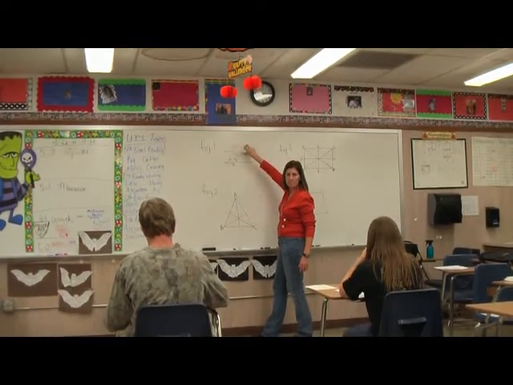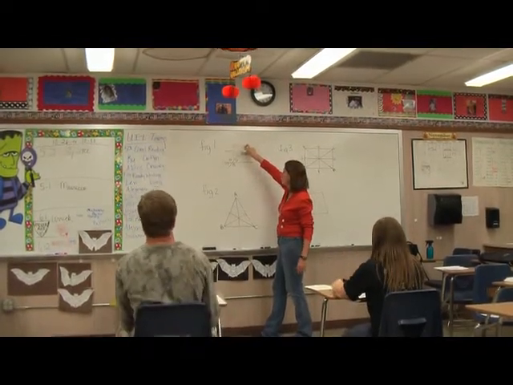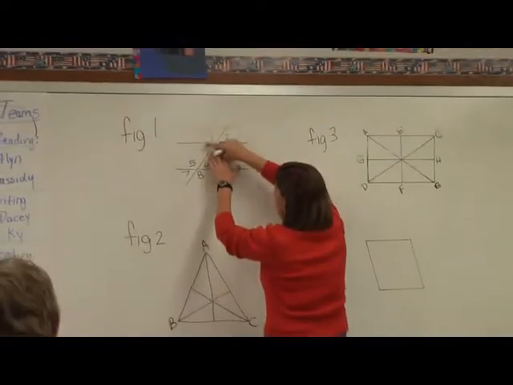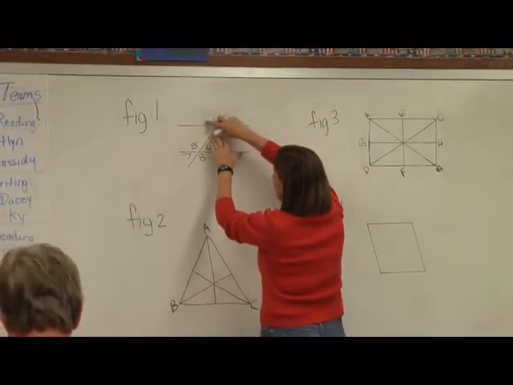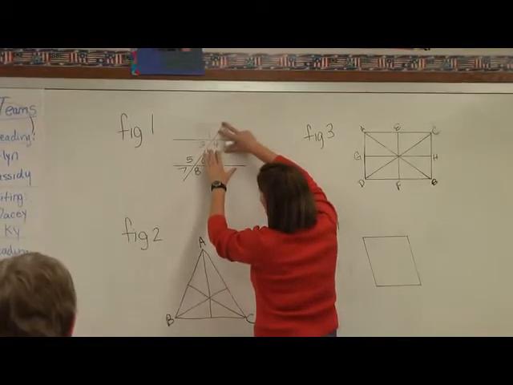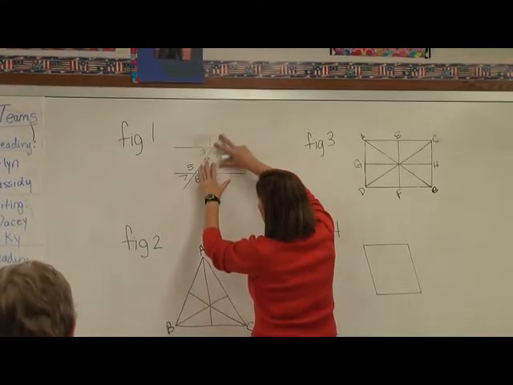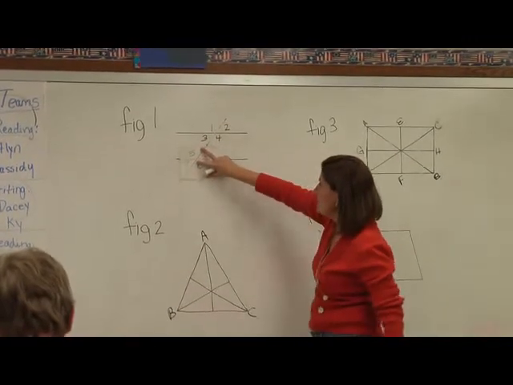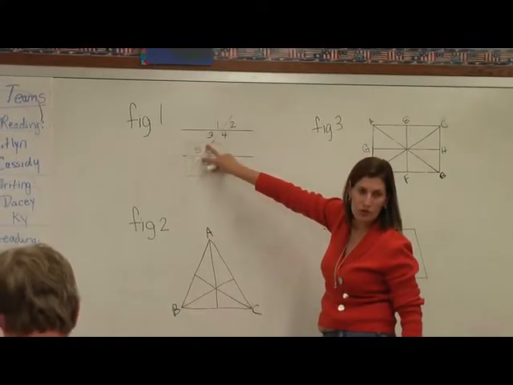Are y'all done? Okay, first of all, we're going to use a translation, or a slide. So if we take your patty paper with your drawing on it, and we slide that patty paper down your transversal, do you find that 5, 6, 7, and 8 are congruent to 1, 2, 3, and 4?